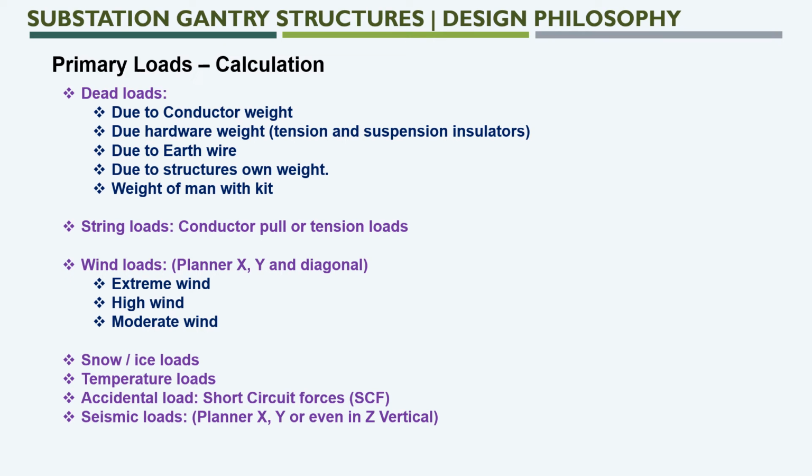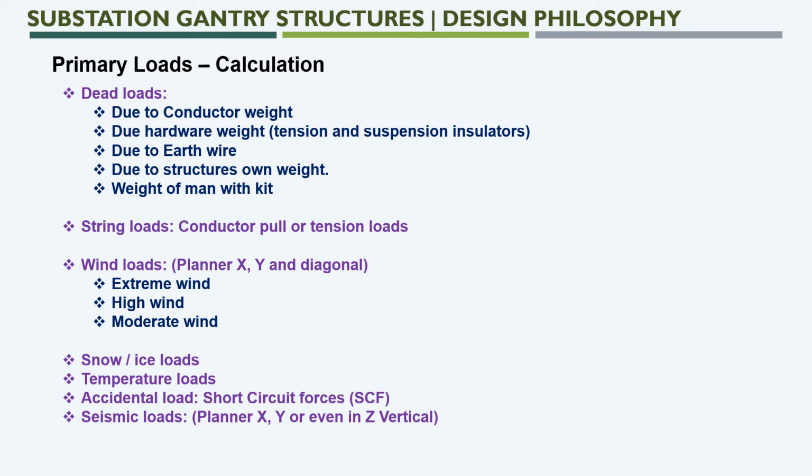So these three wind categories are mainly applicable where the project or the structure is subject to ice or snow loads. When there is ice or snow, we cannot consider the extreme wind, because the wind force is going to reduce when there is heavy or extreme snow.